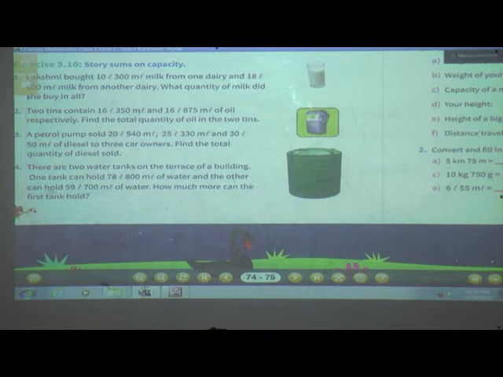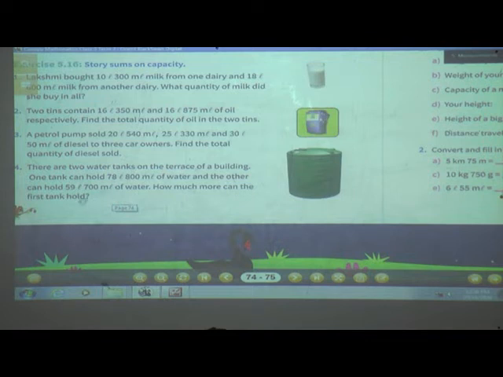See here, they had given us the capacity of 2 tanks. The capacity of the first tank is 78 liter 800 milliliter and the capacity of the other tank is 59 liter 700 milliliter. And the question is, how much more can the first tank hold?